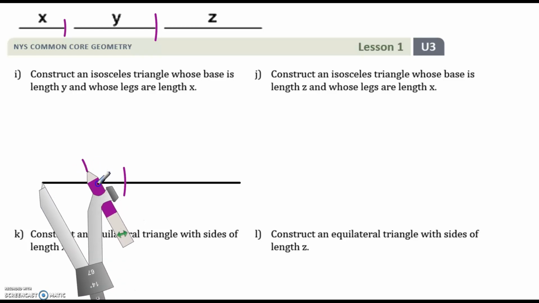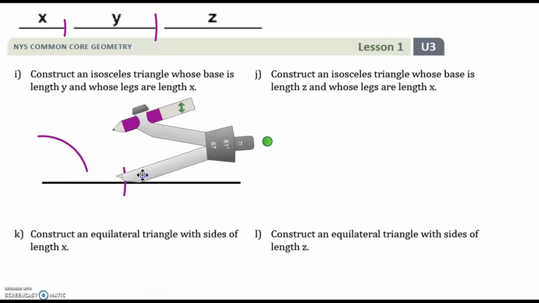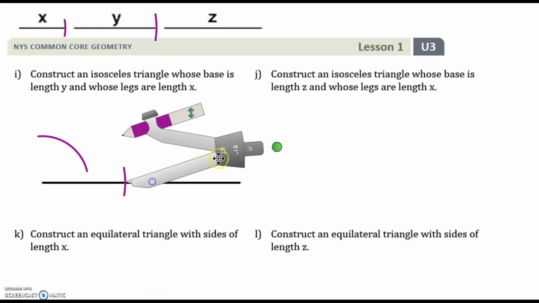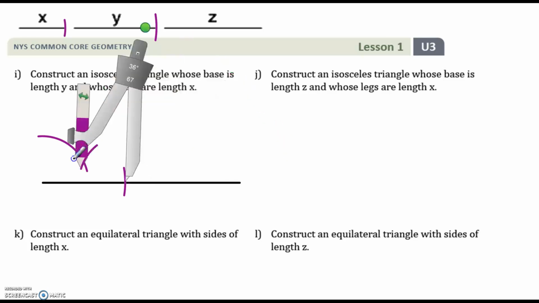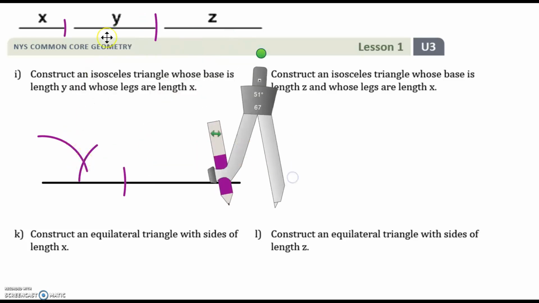So here will be one X, and then the other, because it is isosceles, is also X, will also go here, and they will intersect at this point where I will connect to make my isosceles triangle. And it has a base of Y and legs that are X long and are congruent.